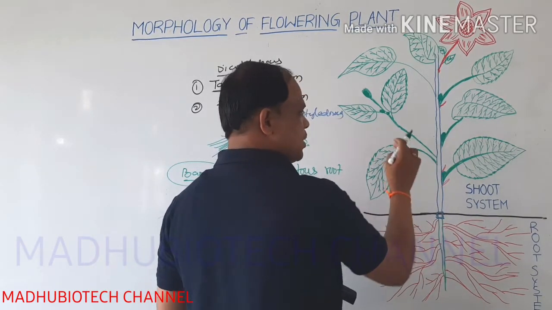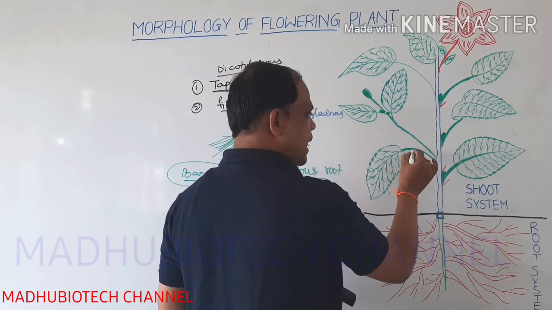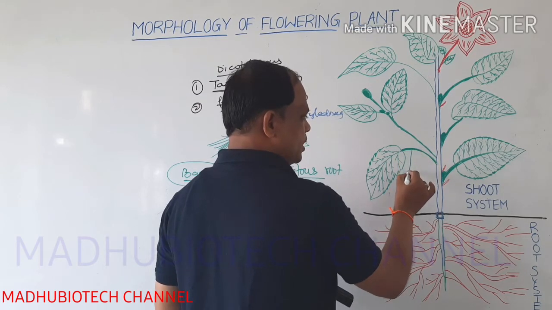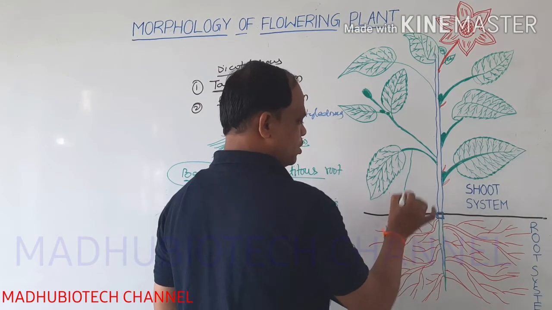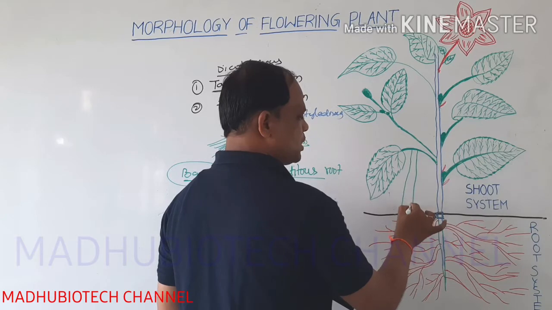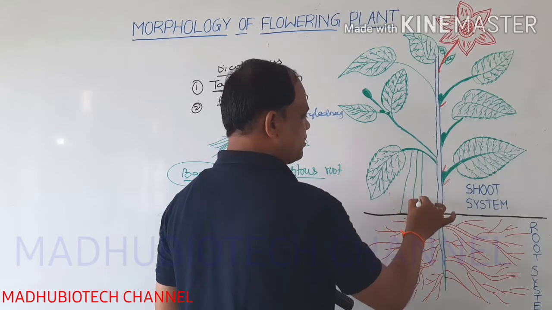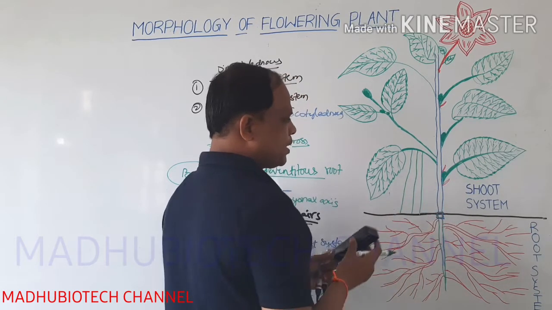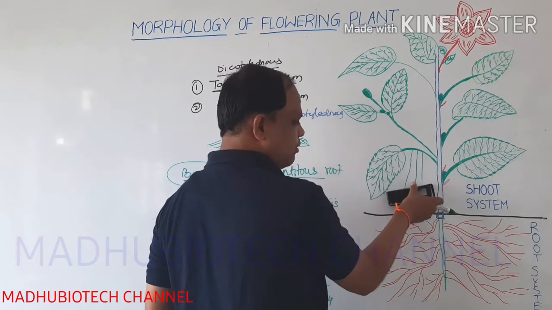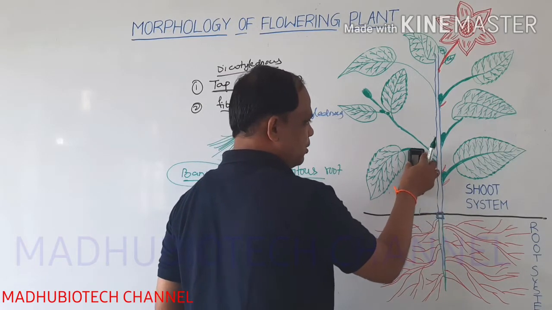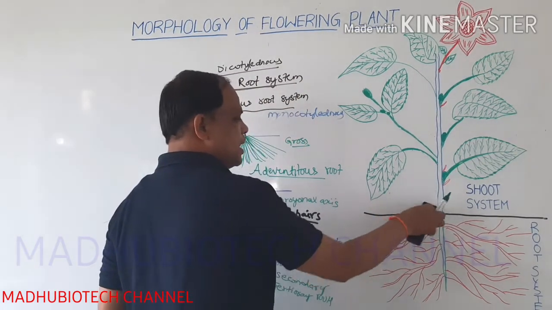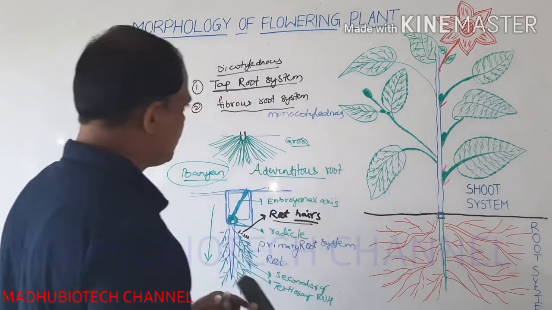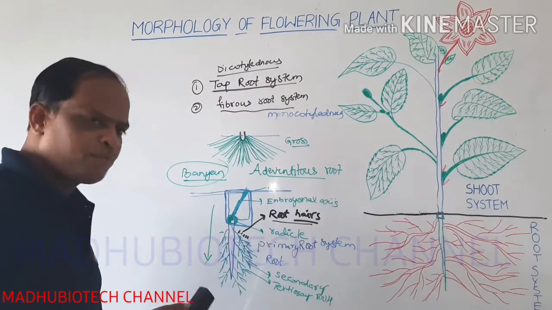For example, this is one branch, and it develops small hair-like roots. This root system is called the adventitious root system. We can watch this in banyan plants. So these are the main types of root systems.